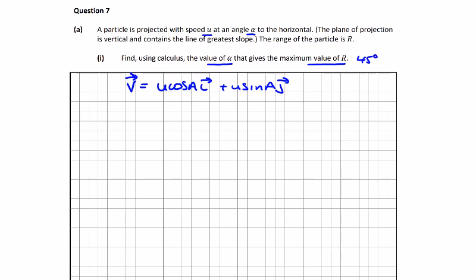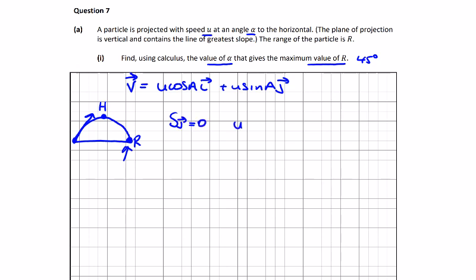So if we draw a little sketch of my projectile, I've got max height, I've got the range, and I've got my projected speed in this direction. If we want to find the time taken to get here, the displacement in the j direction, or the y direction, is equal to 0.